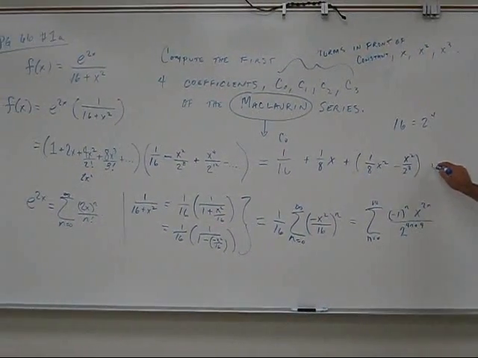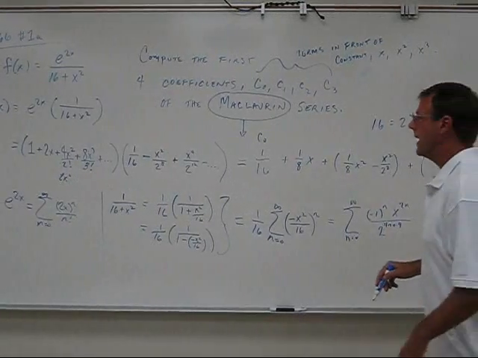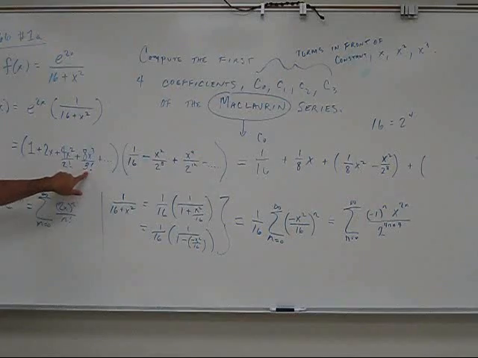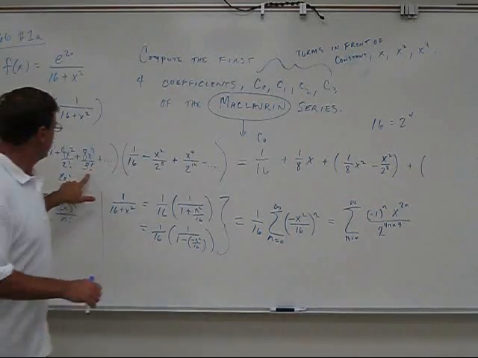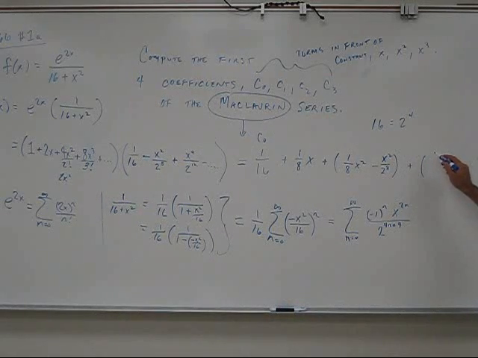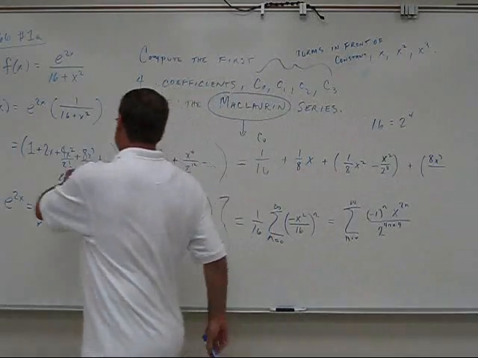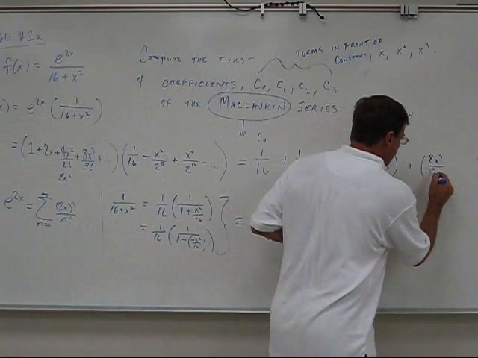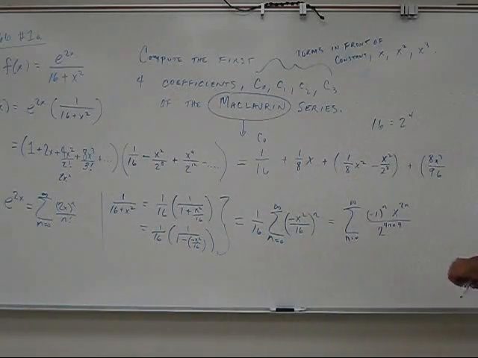Now let's get the x cubed term. X cubed is going to come from multiplying this x cubed term times the 1/16. So I could get it from that. So I have 8x cubed over, this is 6. 6 times 16 is 96. So that's one x cubed term.